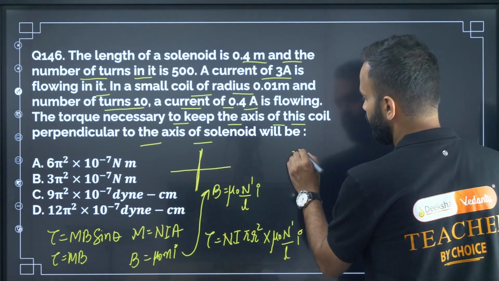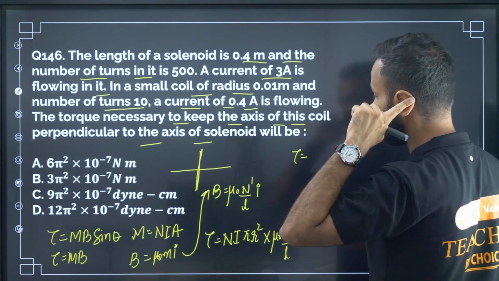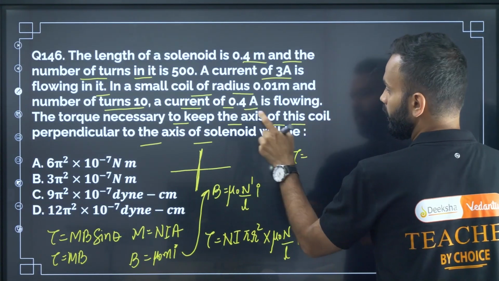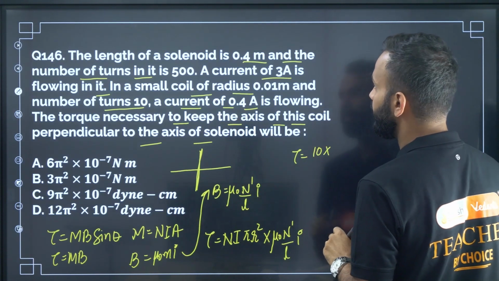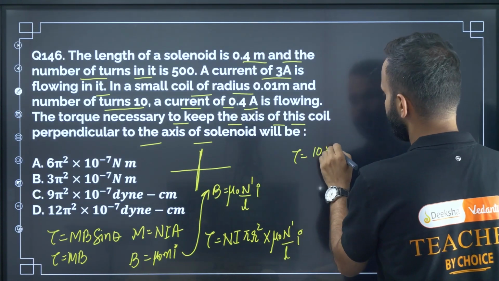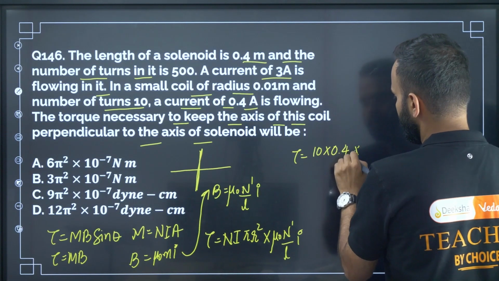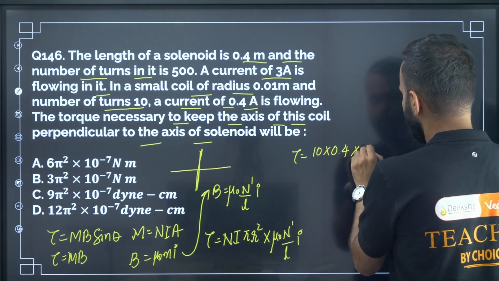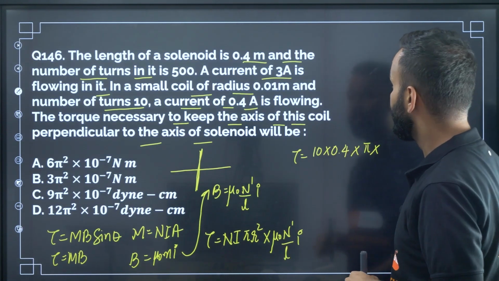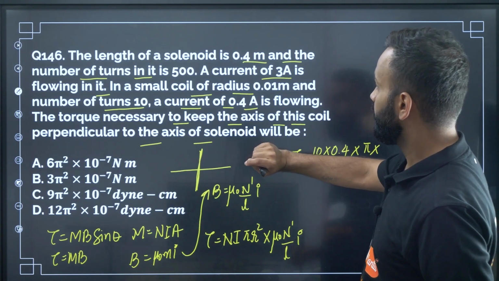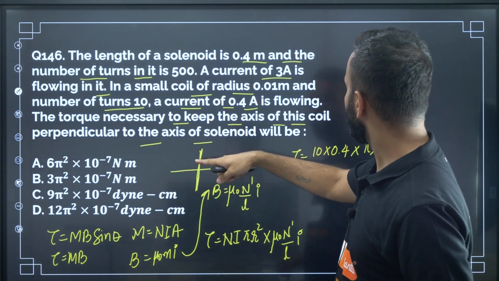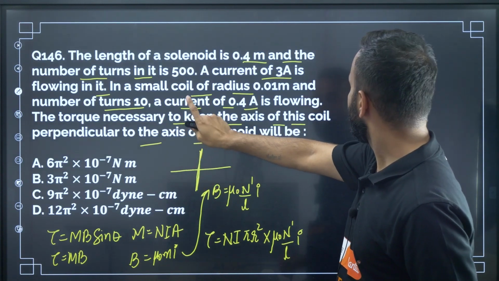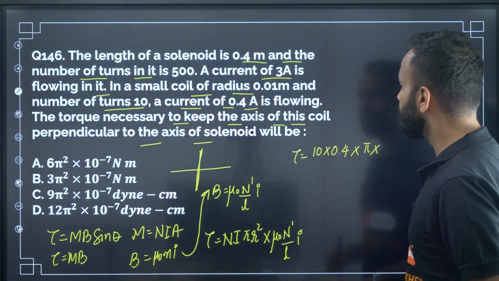Tau equal to N, capital N is here 10, into I, I is 0.4, right? Pi into r square. What is the radius of the small coil? Here the radius of the small coil is 0.01 meter, right?